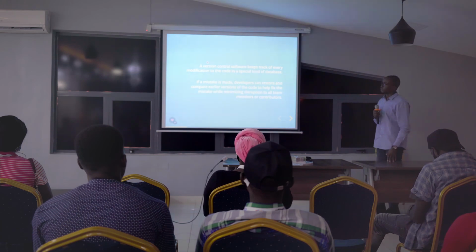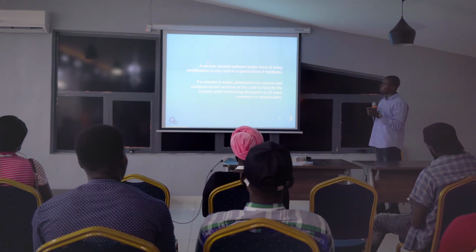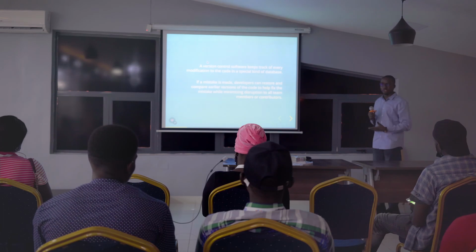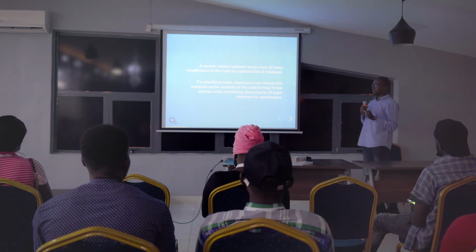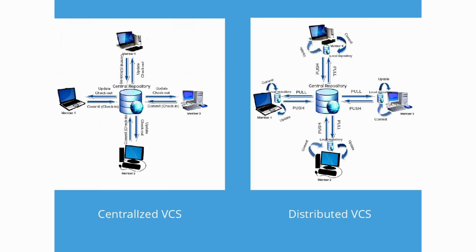Take note of the word version, which I think we are all familiar with: version 1, version 2, version 3. And it doesn't necessarily have to be a version in the concept of a release.